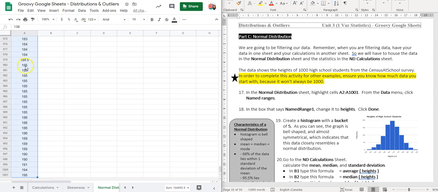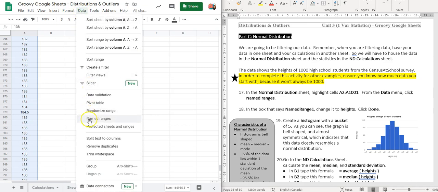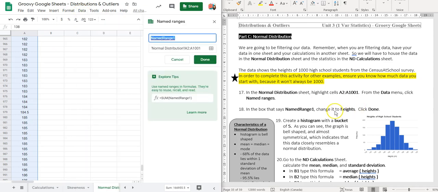Make sure it goes all the way down to the bottom, and we're going to name it heights. Now we already have height, but this time we're going to do heights.